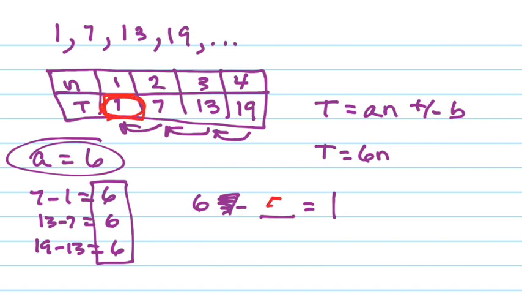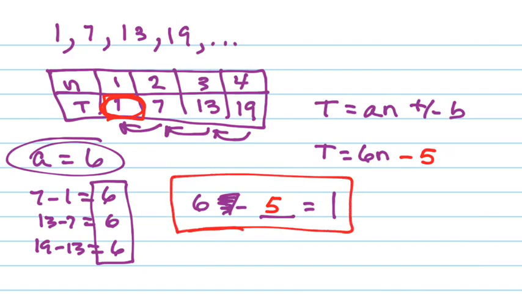So 6 minus 5 equals 1, correct? So that means my B is minus 5. So just think about what number would you add or subtract to your A to get your first term, T.